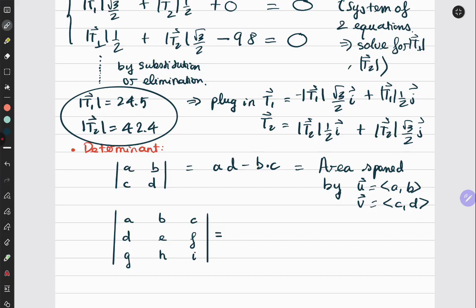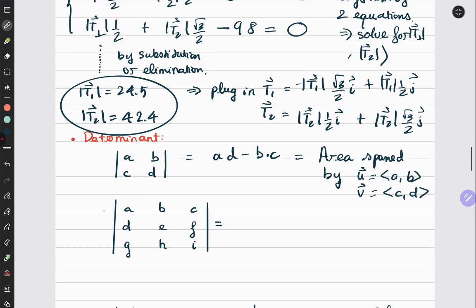If we have another vector, so in 3D, u, v, and w. The determinant of these three vectors, what do you think? Not the formula, not how you compute it, but the meaning of it.